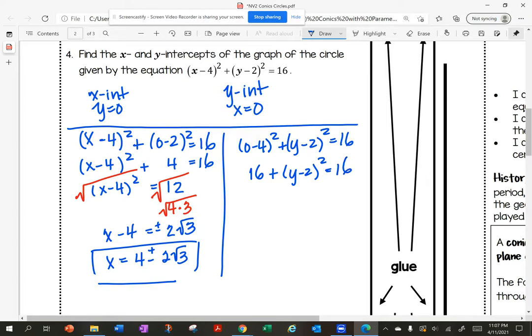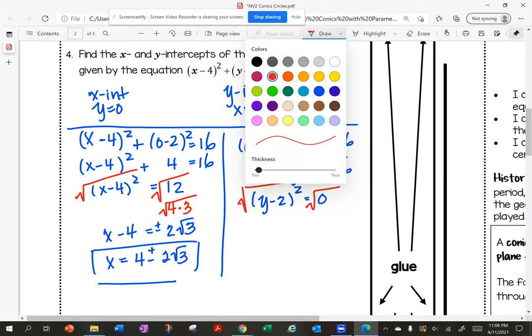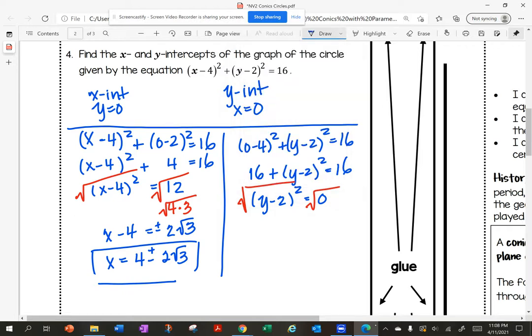So I'm going to subtract 16 from both sides. So I get y minus 2 quantity squared equals 0. I need to undo the squaring, so I'm going to take the square root of both sides. So I get y minus 2 equals 0. So I'm going to add 2 to both sides and I get y equals 2.